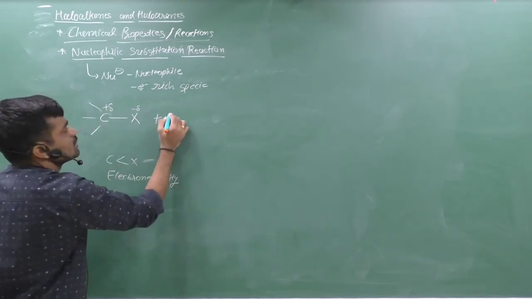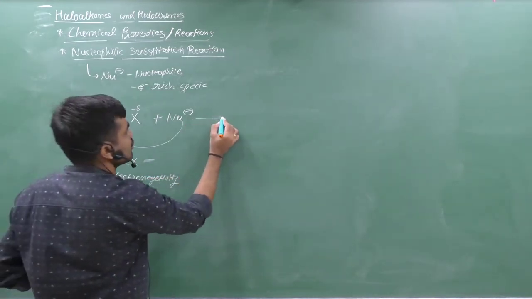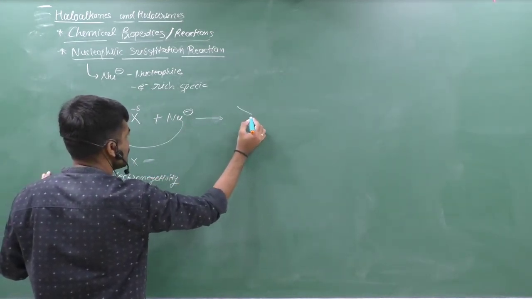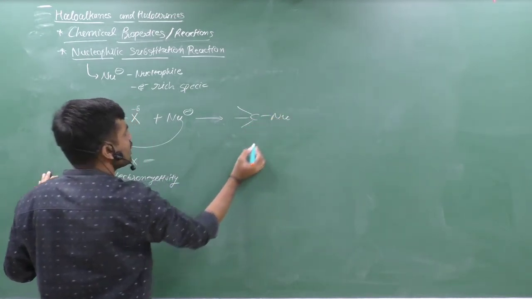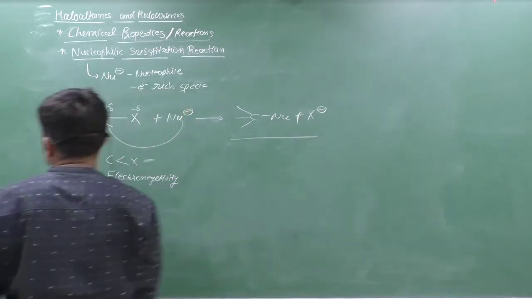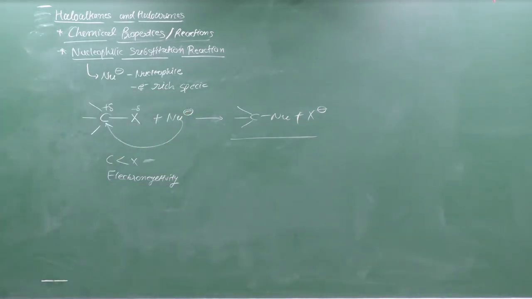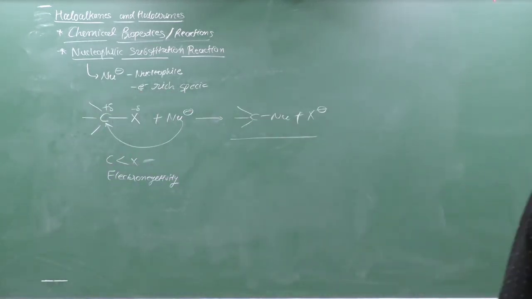Now, if we substitute the nucleophile, the nucleophile is attracted towards the carbon because here is a positive charge. And we can have a molecule like that. See, here nucleophile is attached and halogen is released. That is a nucleophilic substitution reaction. That is the nucleophilic substitution reaction of haloalkane. Clear? Now, what is the nucleophile and what is the product, which we can discuss here.